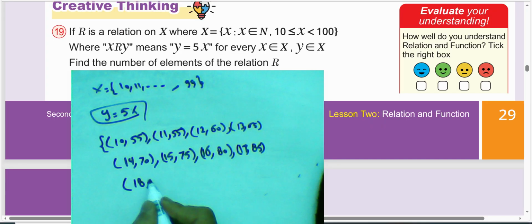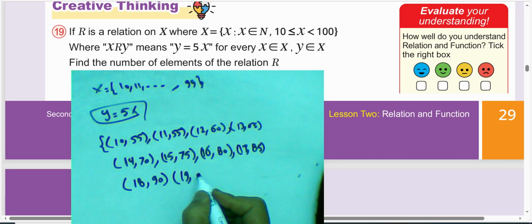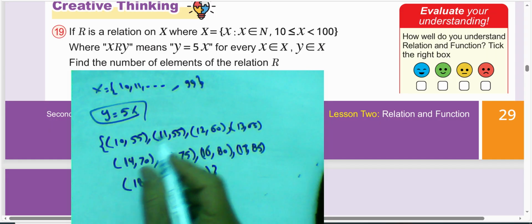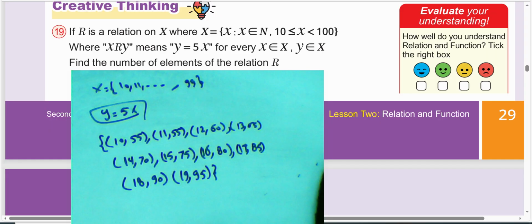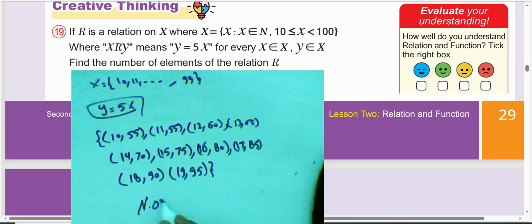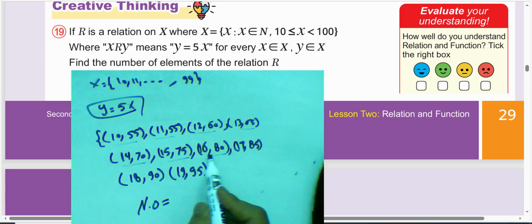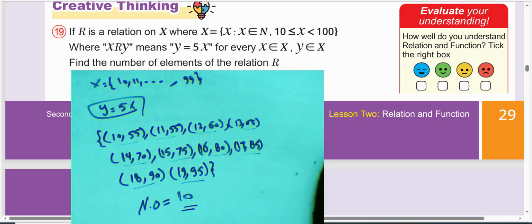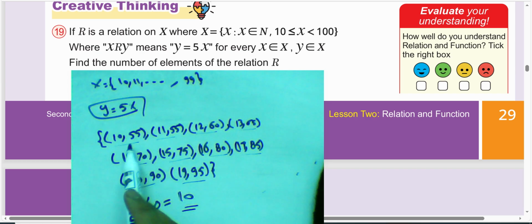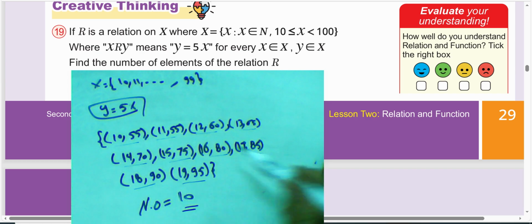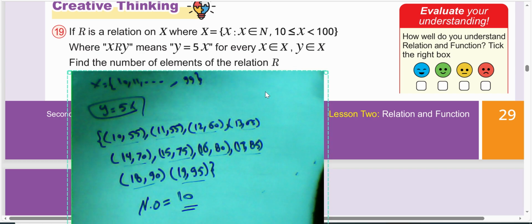And 18 times 5 is 90. And 19 times 5 equals 95. But 20 times 5 is 100, we don't have 100 here. Then the numbers will be 1, 2, 3, 4, 5, 6, 7, 8, 9, 10. We have 10 elements from 10 to 19. The image will be a subset from the set of all orders.